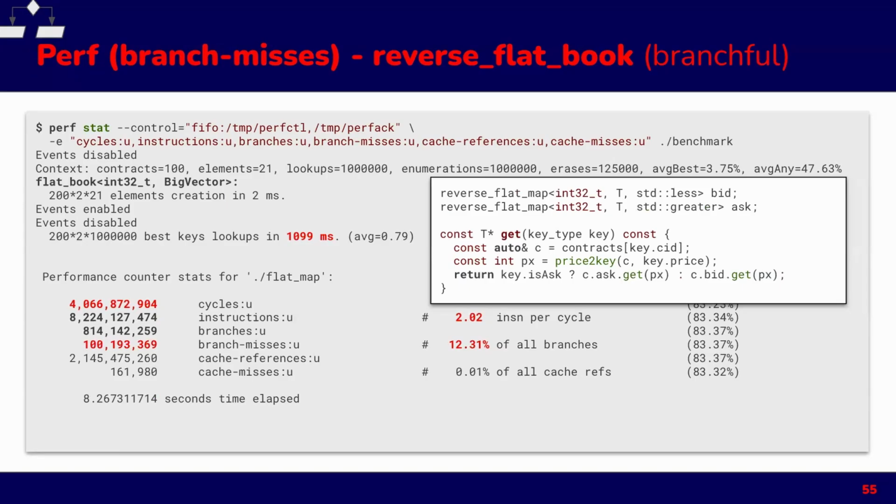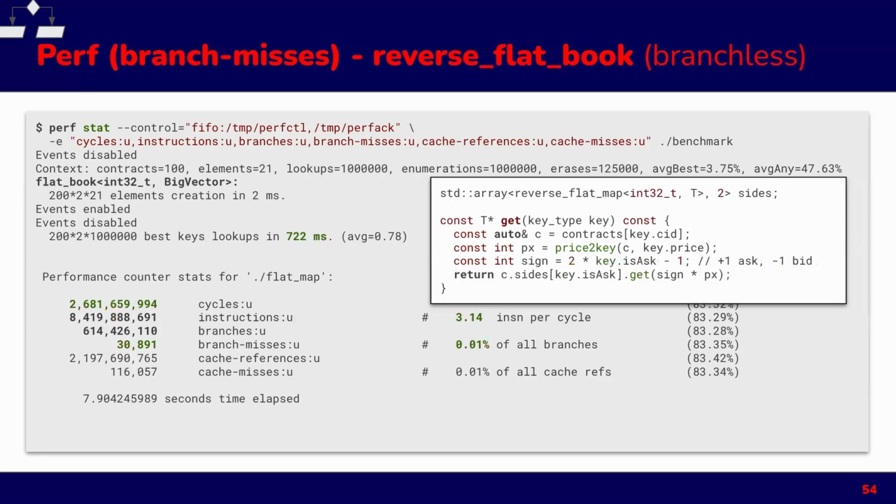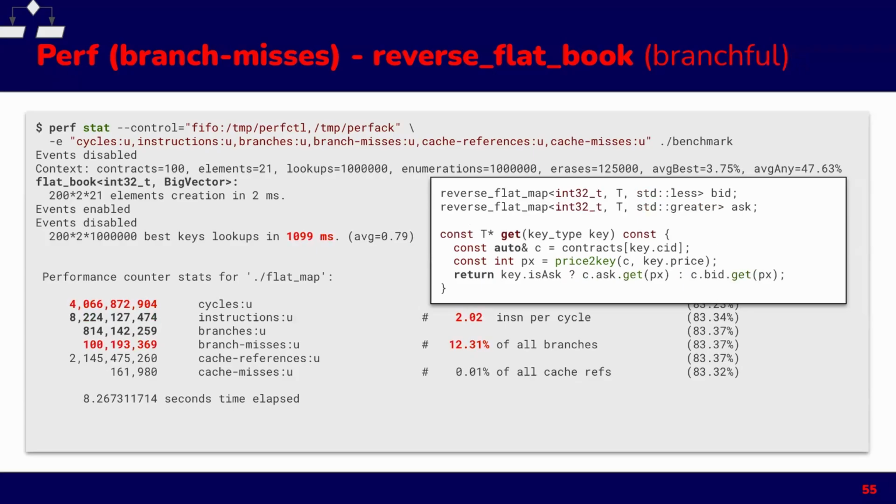From 0.7 we get to 1.1 seconds, basically. The number of instructions per cycle goes down to 2. And why is that? Here is the number of branches, right? In the previous case, we got 614 million branches, and this time we get 814.